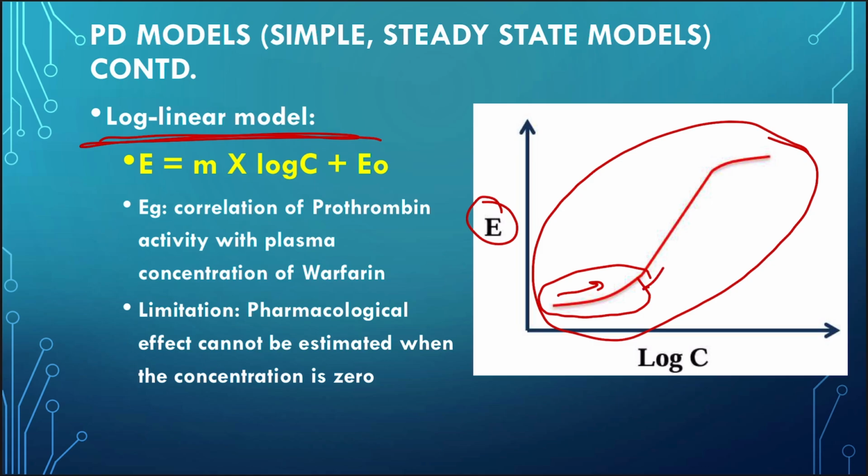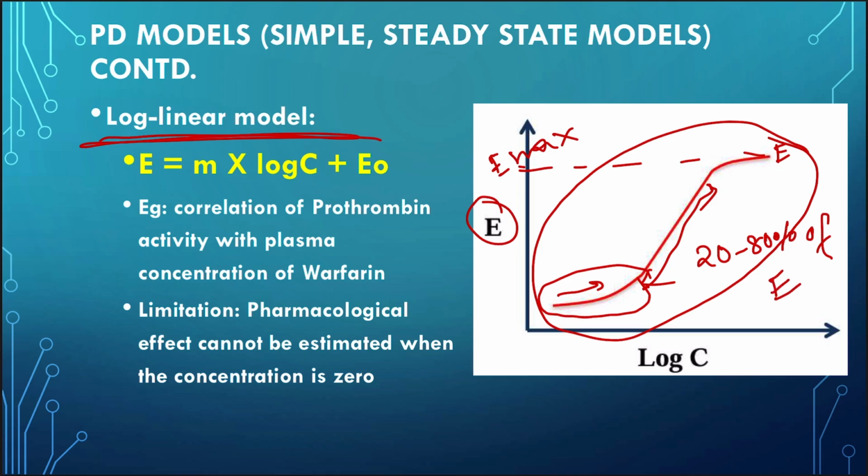Then, for 20 to 80% of the maximum effect, Emax, the relation is just like that of the linear model. Here we have a slope.